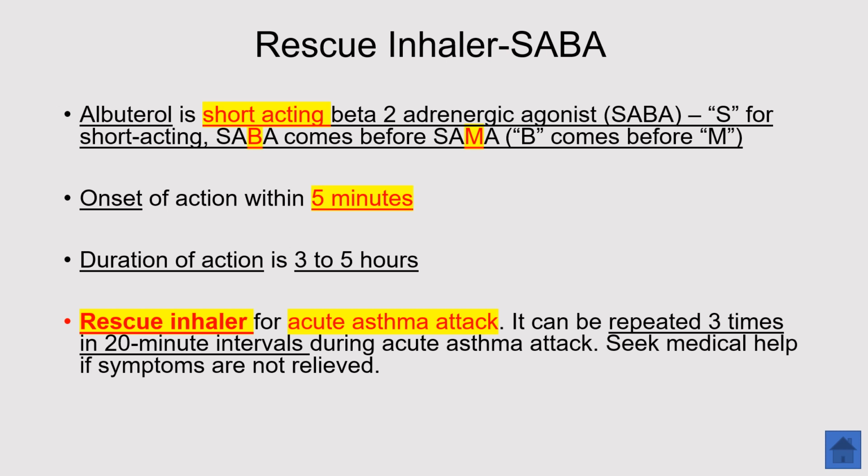If they're not getting any better, they should not wait for the 3 times, and they should call 911 or seek medical help. But if they're getting better, they can do up to 3 times at 20-minute intervals. Okay, all right.